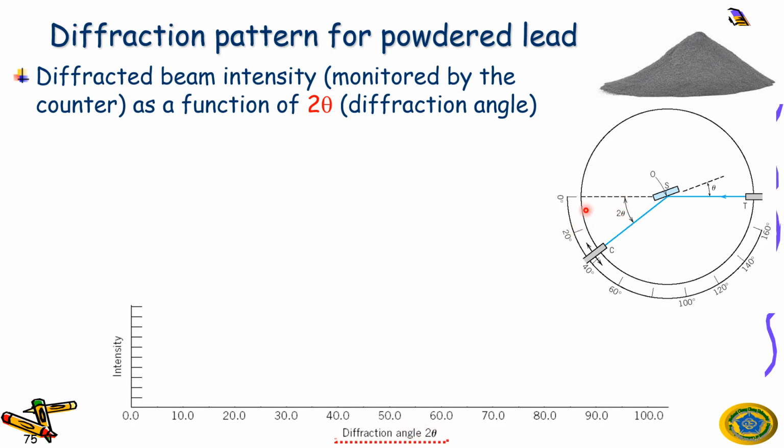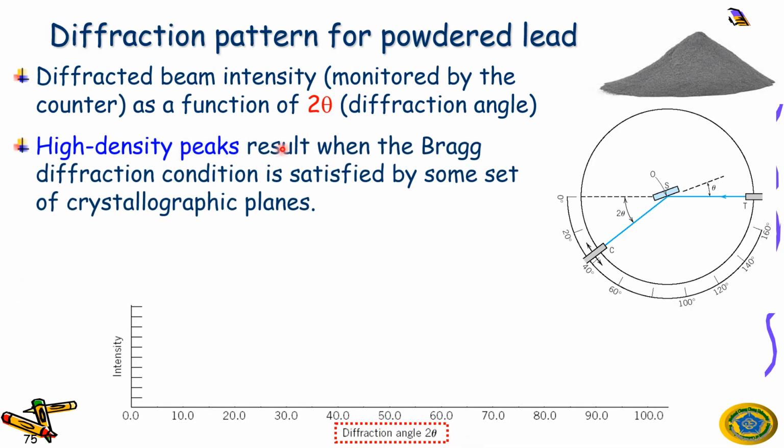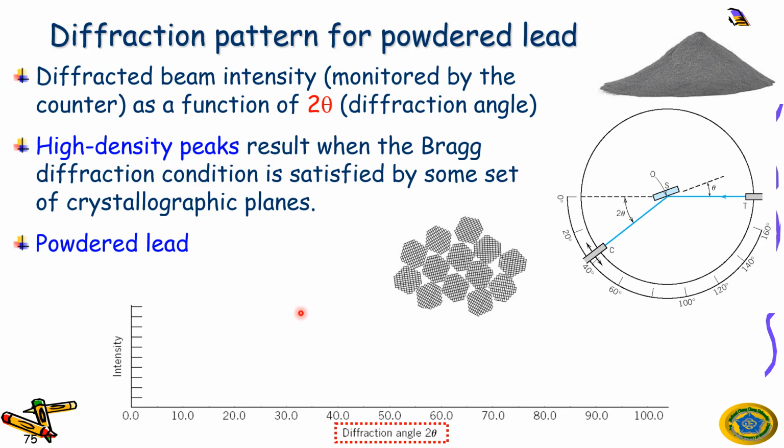This diffraction angle is 2 theta, and the high intensity peaks result when Bragg's diffraction condition is satisfied by some set of crystallographic planes. As a result, if you have powder lead under a microscope, you can see many small particles.